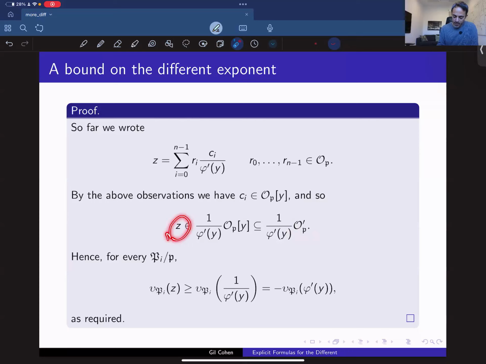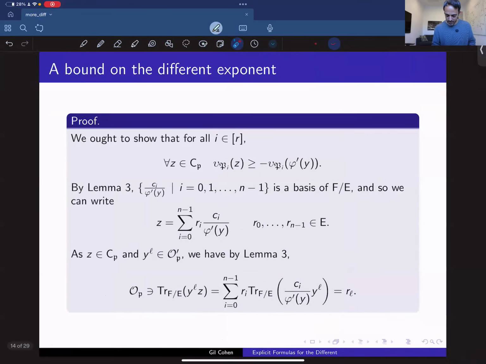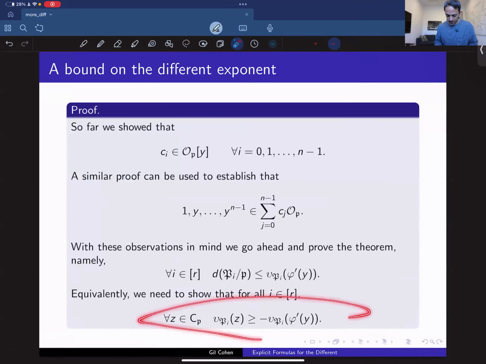So the valuation of PI at Z is at least the valuation of this function according to PI, which you can also write as minus the valuation of PI at this thing without the inverse. And if you recall, that's exactly what you wanted to prove: that for every Z in the complementary module, and for every I, you have this inequality.